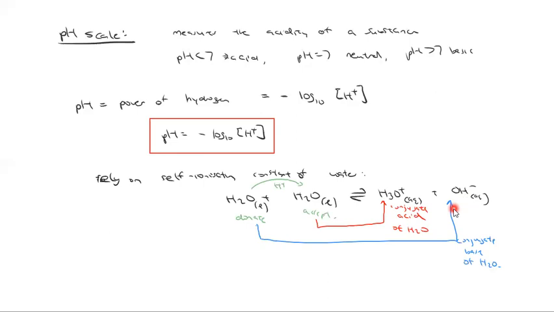And importantly, this K, called Kw, is 10 to the power of negative 14 at 25 degrees Celsius.